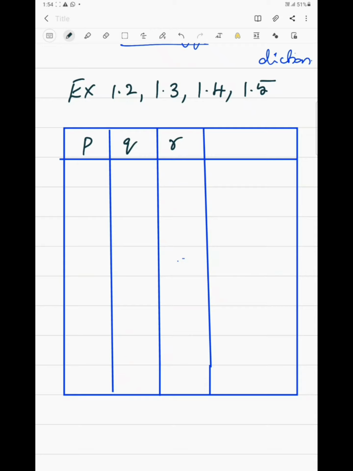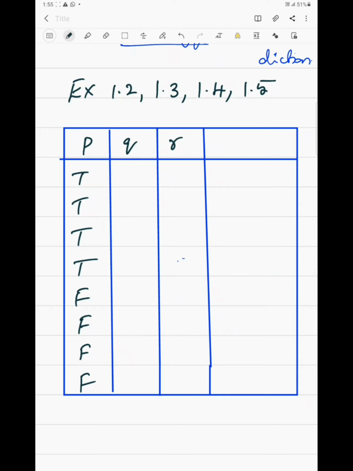Yes, 8 outcomes. Like that, if 3 statements are there, then we have 8 rows. I will show you. Write for P, 4 T's, 4 F's. Observe carefully.